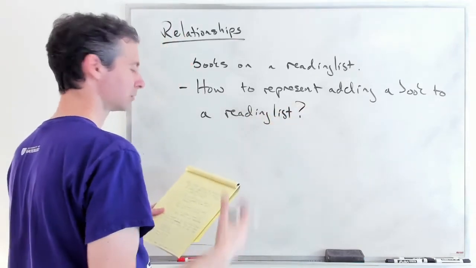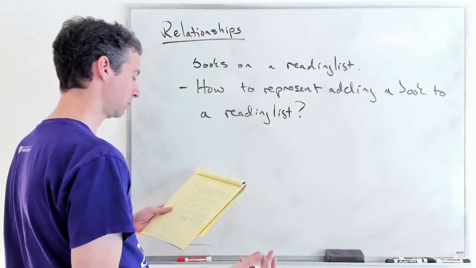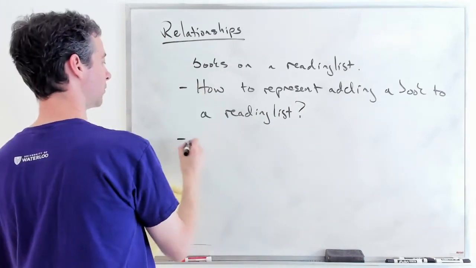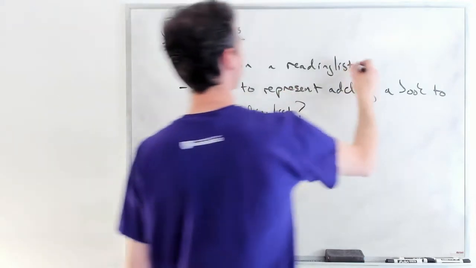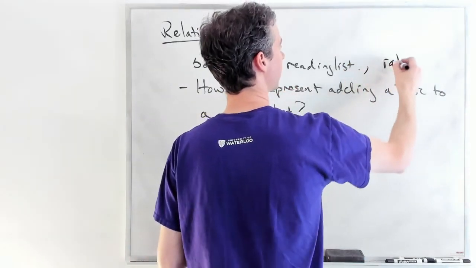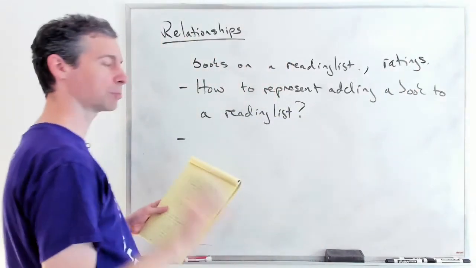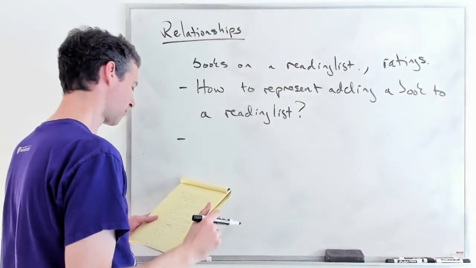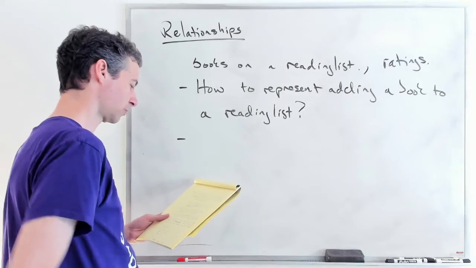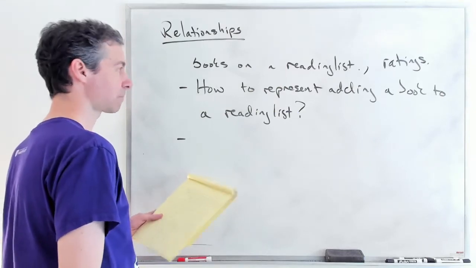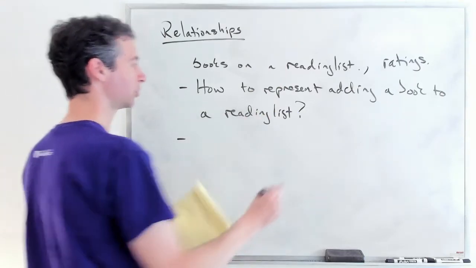All right. Likewise, I'm going to say we have the ratings. So books on our reading list, and then we also have ratings. So a book has ratings, and ratings is also a relationship between users and books. Okay, so how to represent adding a book to a reading list?